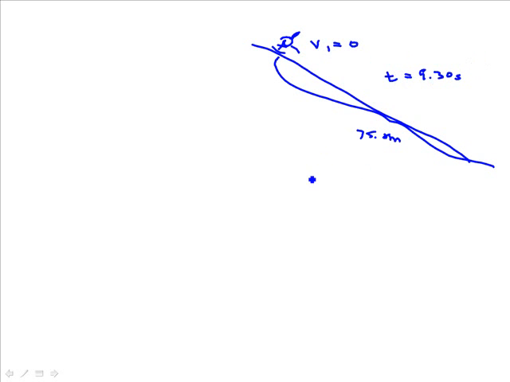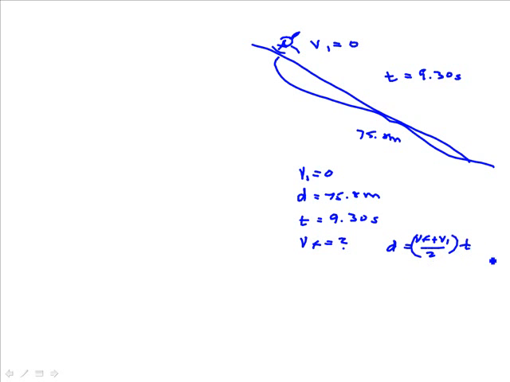Well, since initial velocity is 0, the displacement is 75.8 meters, and the time of travel was 9.30 seconds, we want to know what VF is. The equation D equals (VF plus VI) over 2 times T works for us.